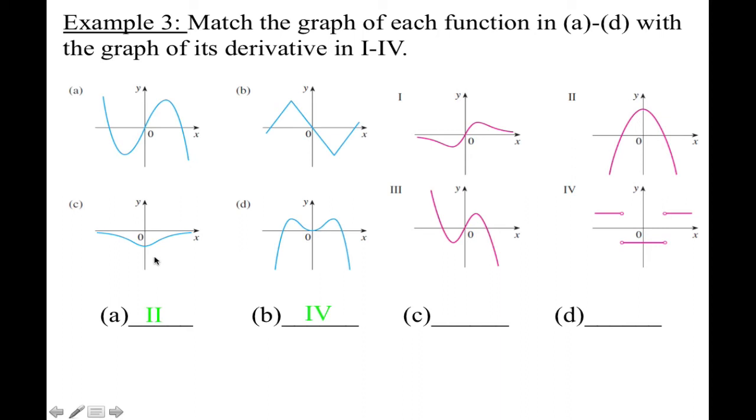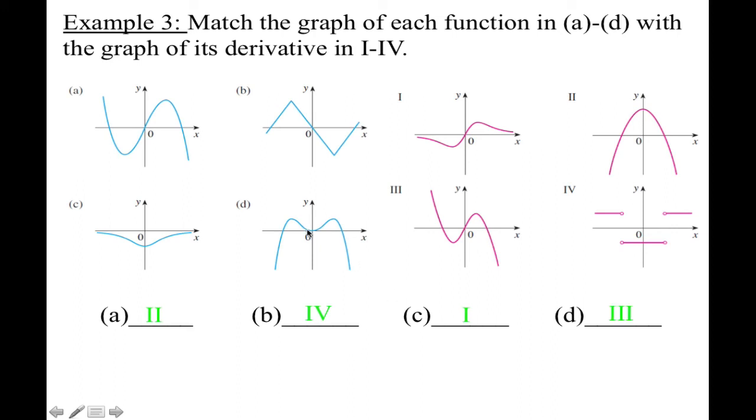For C, you should have gotten 1, because you know that the derivative when x equals 0 is 0, so you can either pick 1 or 3. And then when you look at the graph right here, the tangent lines should be negative, and then they switch to positive. So that leaves you with 1. And then finally, that means graph D matches 3.